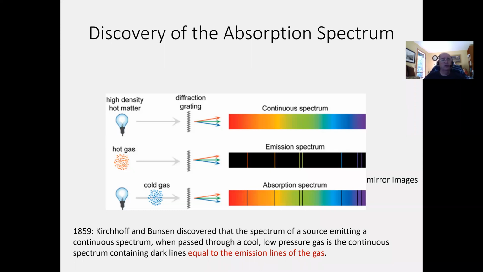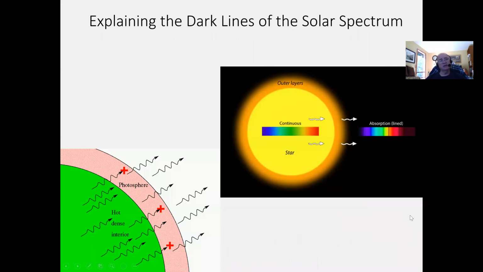The sun had hundreds of dark lines. But they said, well, is this what's going on? Are there many, many elements, somehow or other, absorbing all kinds of the colors coming from the great white light of the sun? And that's what we see in these dark lines of the sun. Certainly, it made a lot of sense.